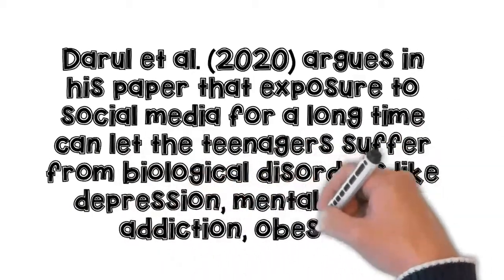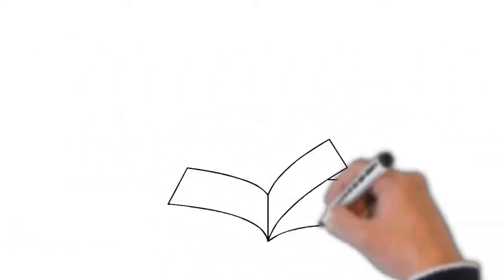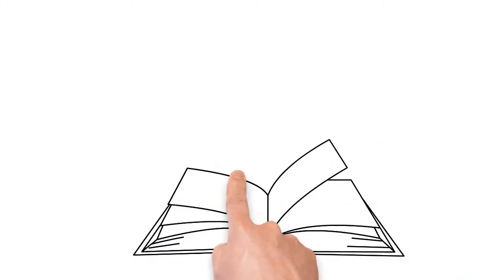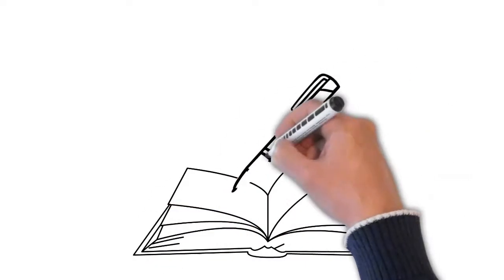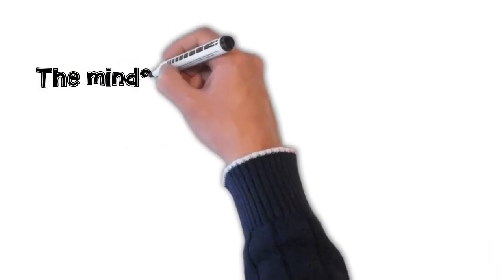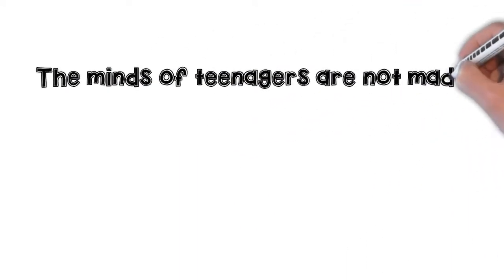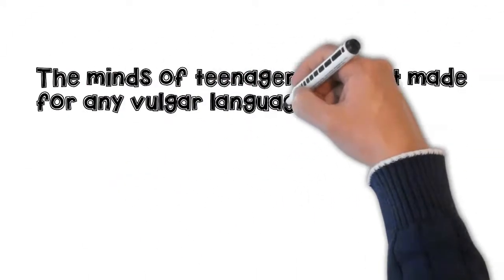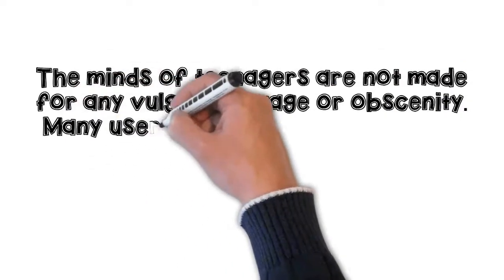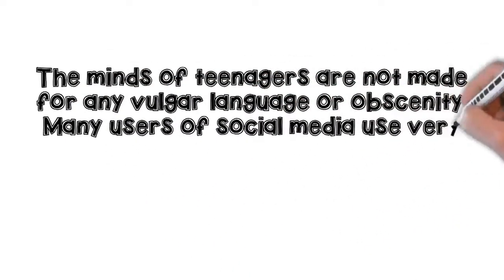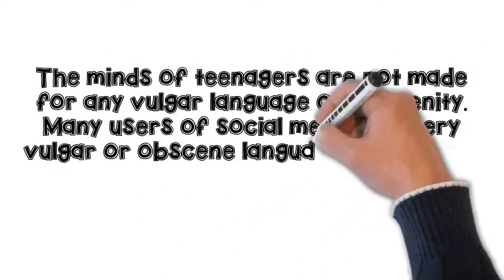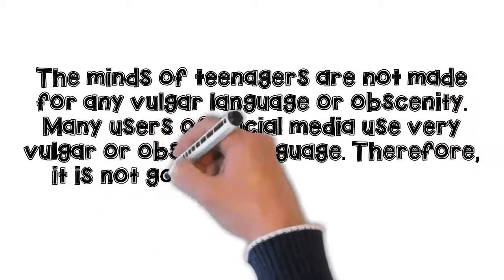Then, continue your paragraph with providing details about this research. In the social media example, you can write, the minds of teenagers are not made for any vulgar language or obscenity. Many users of social media use very vulgar or obscene language. Therefore, it is not good for the teenagers or people who are sensitive.